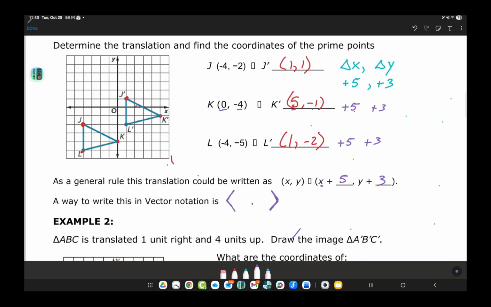And it is all about change. Vectors represent change, movement in your X and your Y. So a vector would really be delta X, comma, delta Y. Is that change in X, change in Y? So we already know the change is 5, 3. Now, again, if it is a decrease, it would be a negative value.